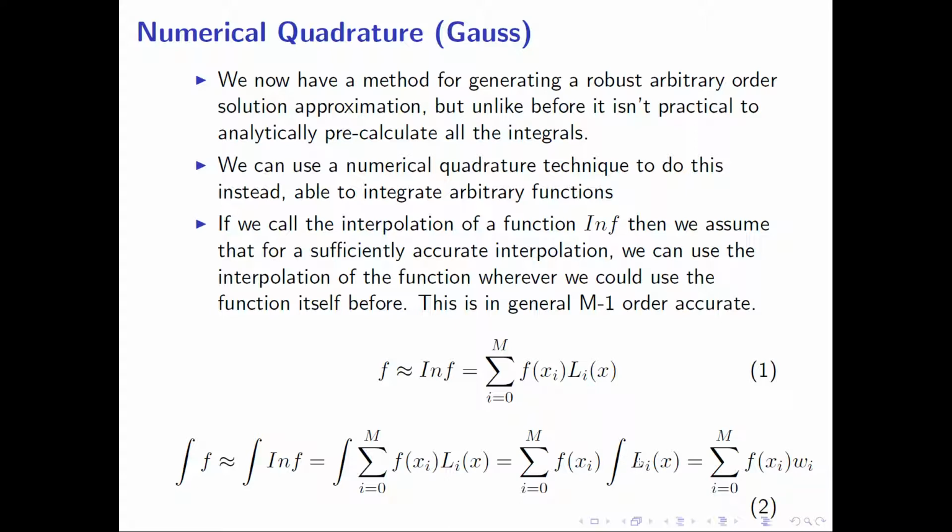And it turns out that if the nodes of your Lagrange interpolation are Legendre roots, then this integral is just simply the associated quadrature weight with that quadrature node from the Legendre roots that you would get from a Gauss-Legendre quadrature.